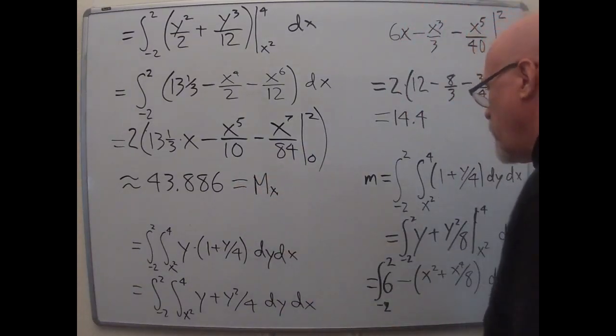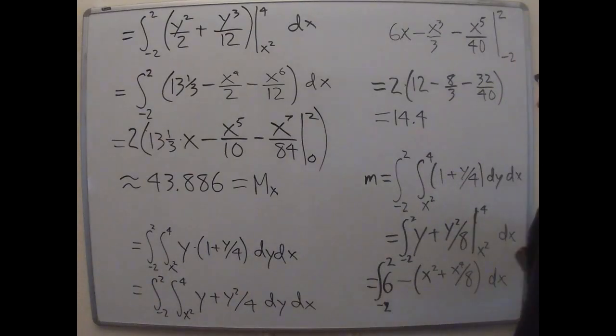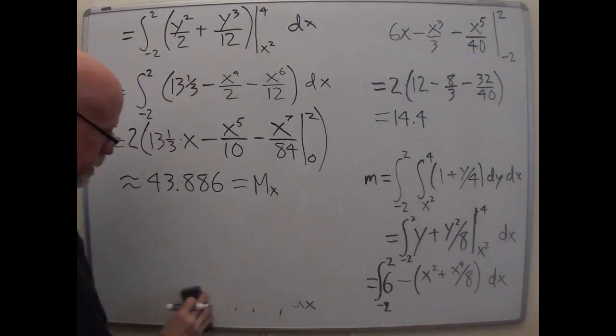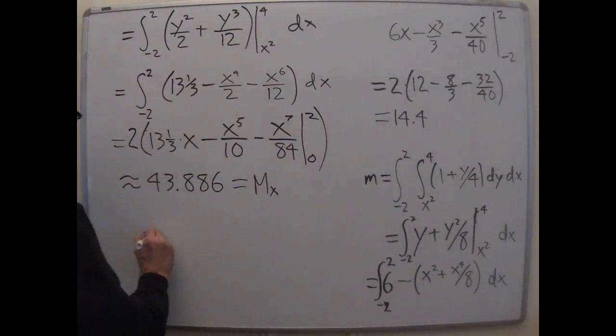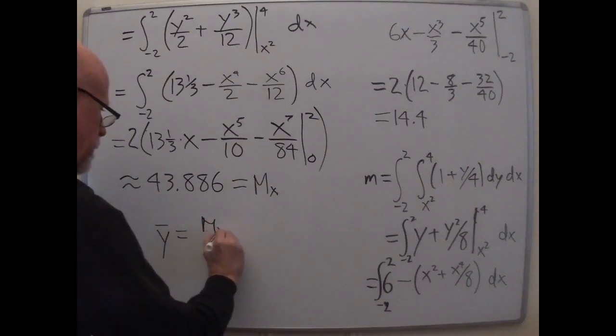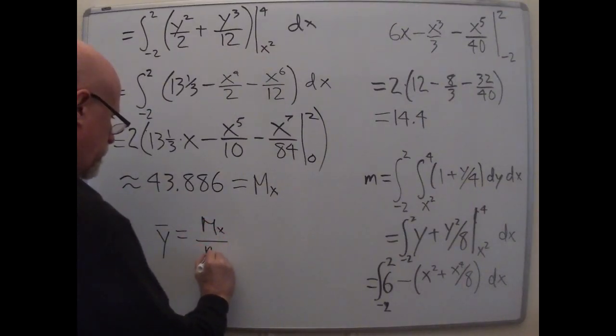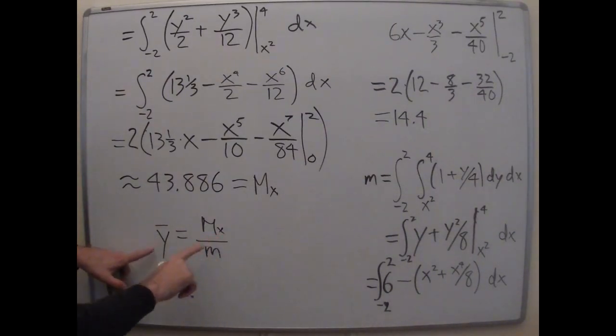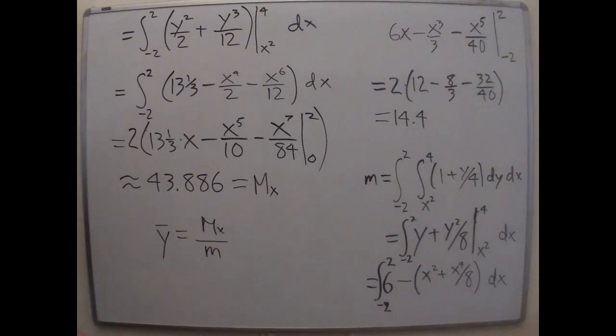So if we want to get the distance y bar, we take the moment about the x-axis and divide it by the total mass. I know this feels funky at first, but the y coordinates are the ones that determine how far you are from the x-axis.